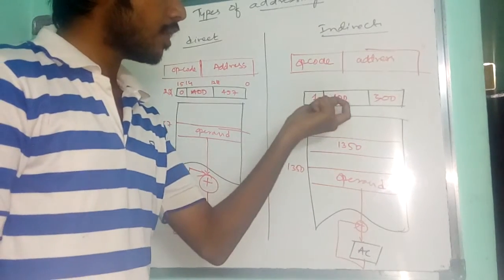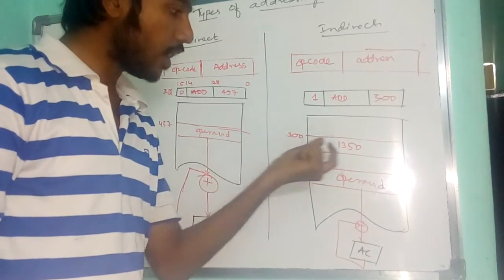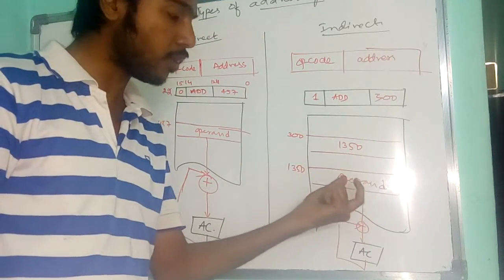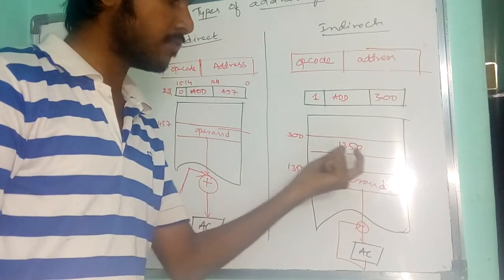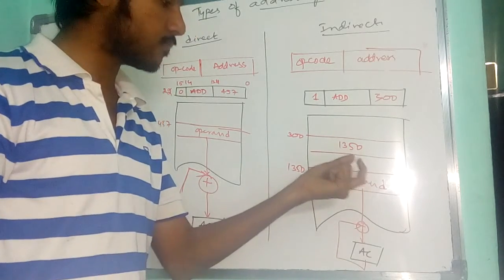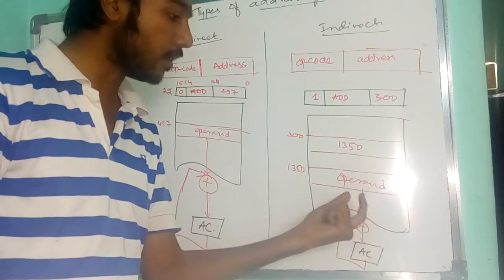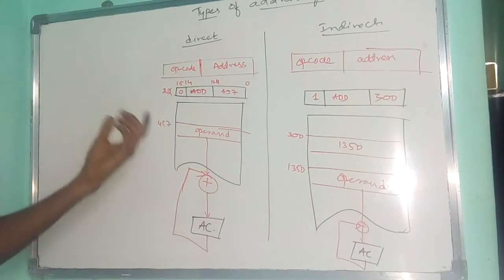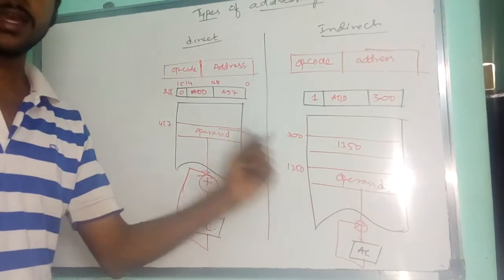Here 300 specifies the address of the 16-bit memory word of the operand. So in 300 we have 1350, so the control shifts to 1350 where we can find the operand. This operand is added to the accumulator to give the sum, right? This is direct addressing, this is indirect addressing.